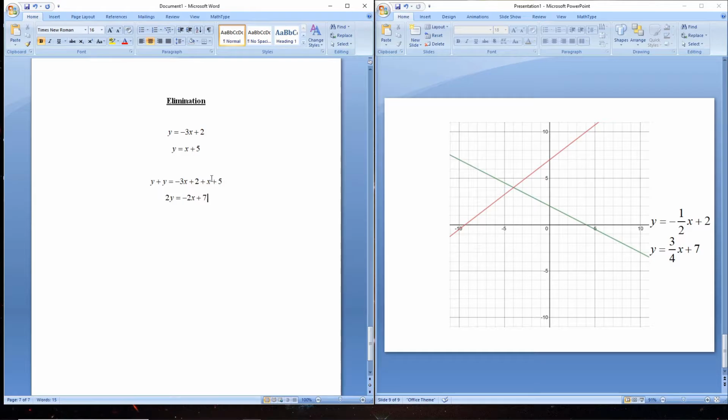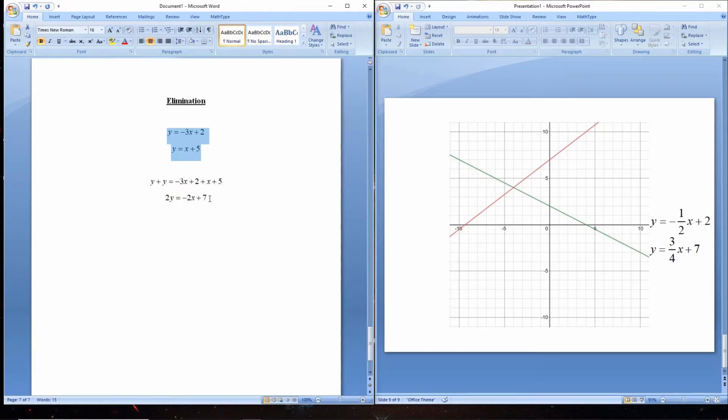And what this ultimately means, the pattern that's happening here, means that we can literally just add equations together. So if you notice these two equations right here, if we just added them vertically like this, we'd have y plus y, which is 2y. If we added minus 3x plus x, we get minus 2x. And if we add 2 and 5, we get 7.